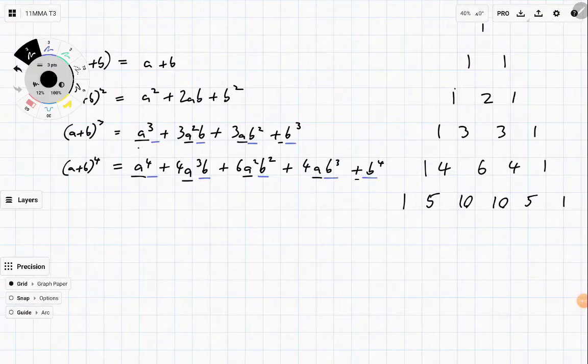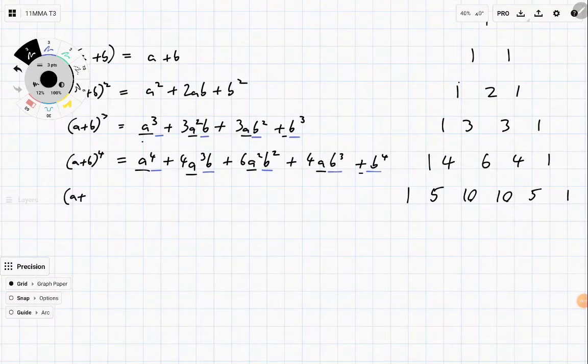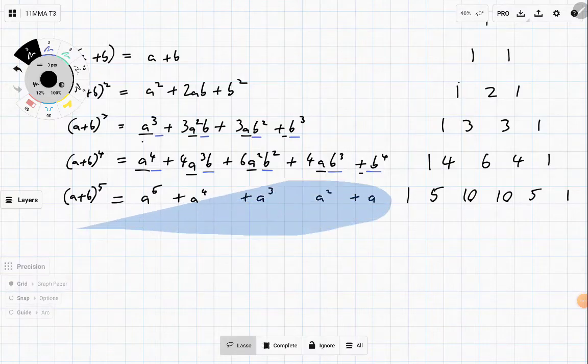So, for example, if I wanted to work out what a plus b to the 5 was, well, it's going to be a to the 5 plus a to the 4 plus a to the 3 plus a to the 2 plus a to the 1. But that's not all.